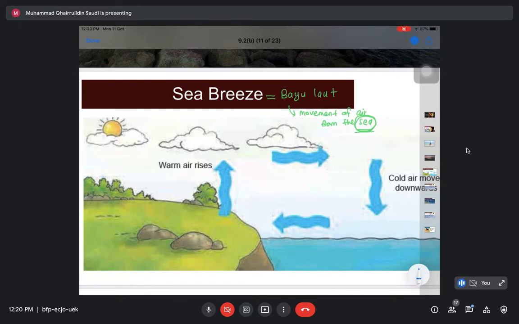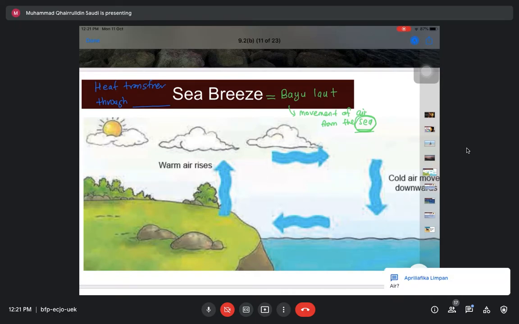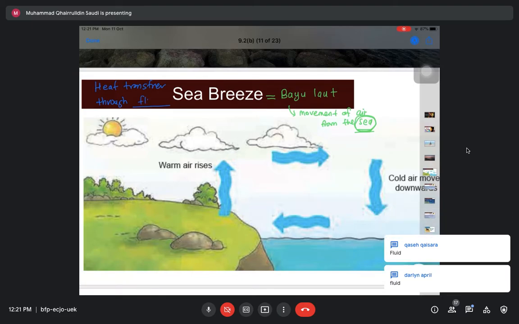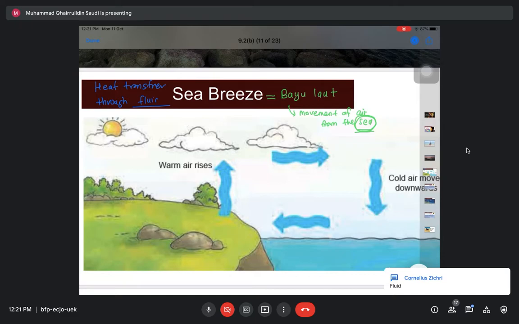The heat is being transferred through apa? Through what? Through solid, through fluid, or through no medium? Good. Through fluid. Okay. Melalui gases and liquid in the air.